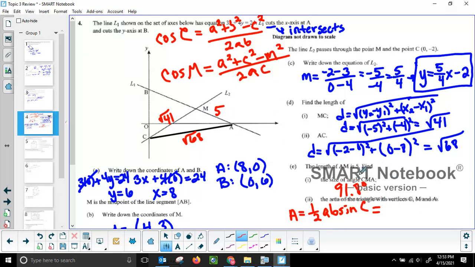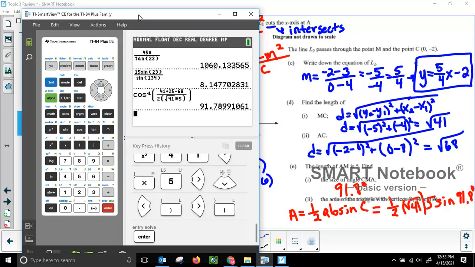So in this case, since we found CMA, I'm going to need to use the square root of 41 and 5, okay? So this is going to be 1/2 times the square root of 41 times 5, times the sine of 91.8. So we go ahead and plug that into our handy-dandy calculator.